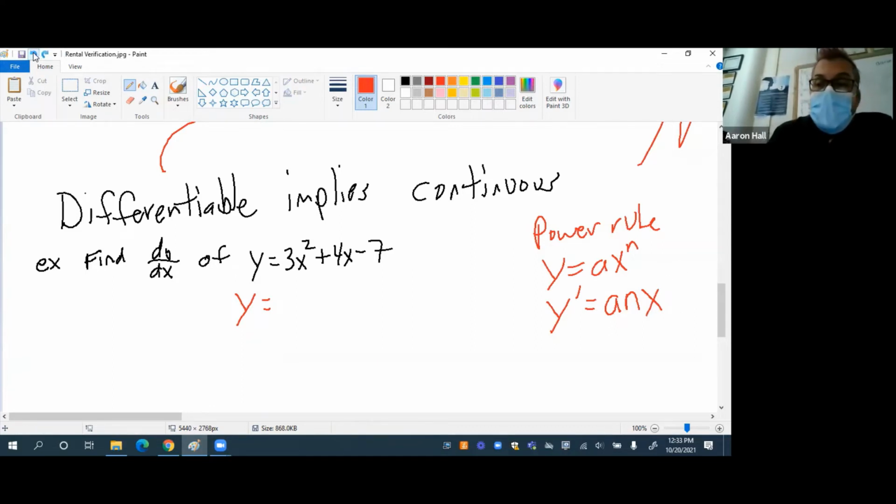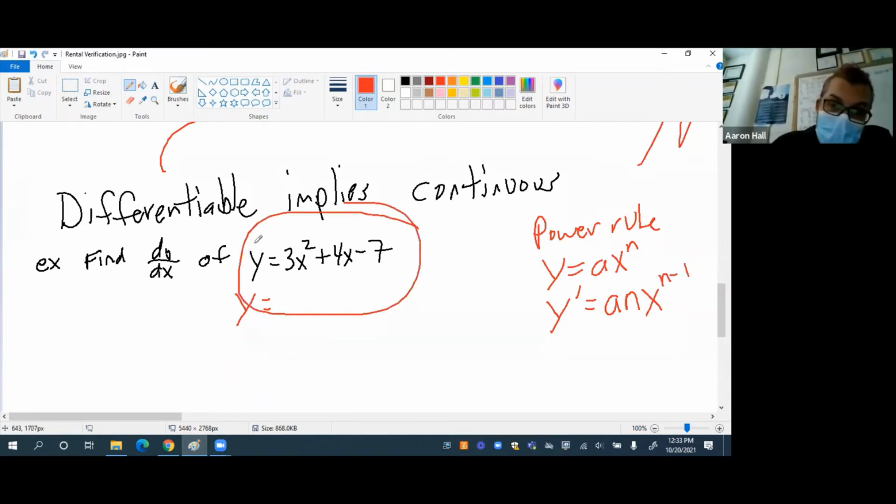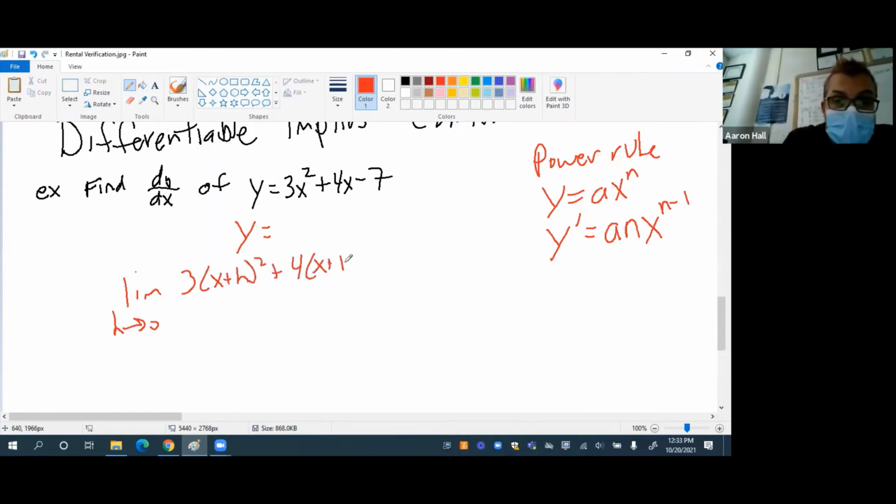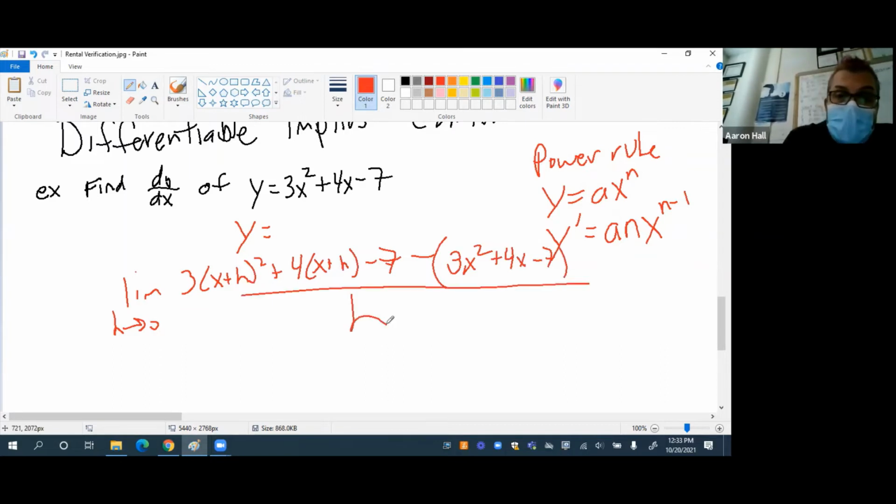Well, why even have the shortcut? Because without the shortcut, the only way to find the derivative of this is to do this whole limit as h approaches 0 of 3(x plus h) squared plus 4 times (x plus h) minus 7, minus (3x squared plus 4x minus 7), all over h.